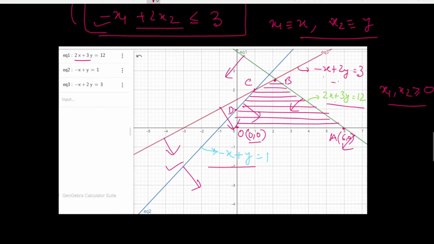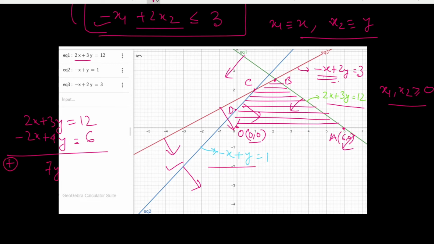So if we find the intersection of 2x plus 3y equal to 12, we multiply the second equation by 2 and add these two equations: minus 2x plus 2y equal to 6. So adding, we get 7y equal to 18, and so this gives y equal to 18 upon 7.